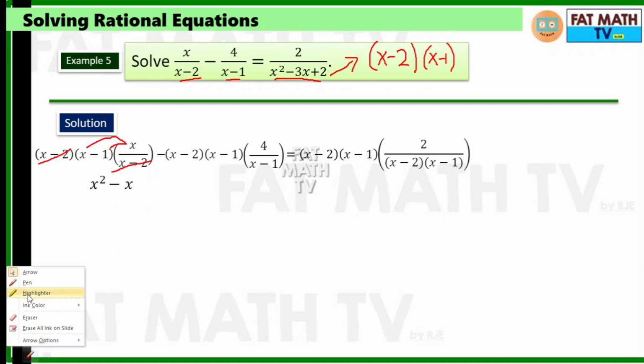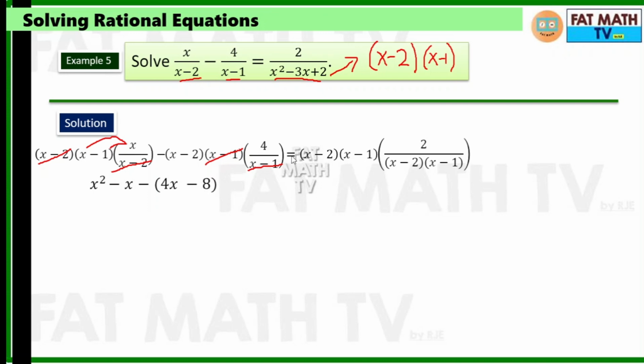And then for the second term here, we can cancel x minus 1. So we have x minus 2 times 4, but we have a minus sign, so put that in a parenthesis. The product of x minus 2 and 4. So x times 4 is 4x. Negative 2 times 4 is negative 8, equals.